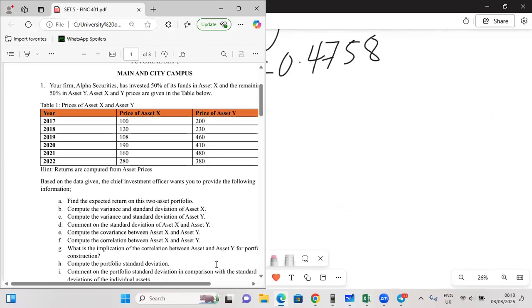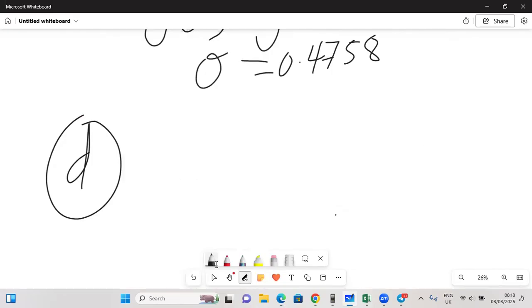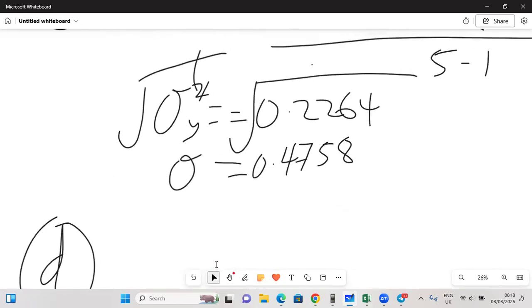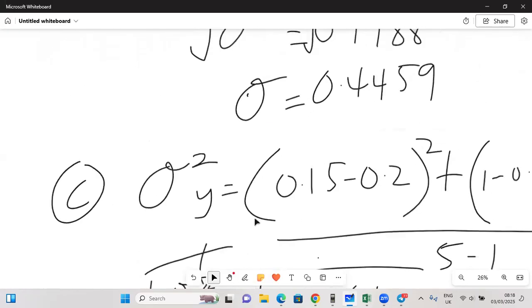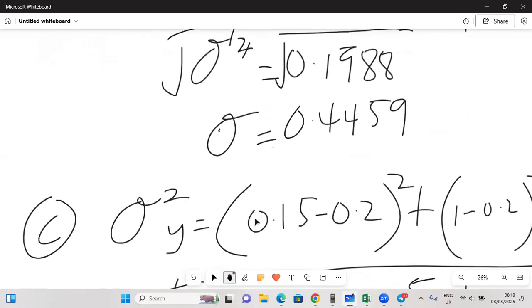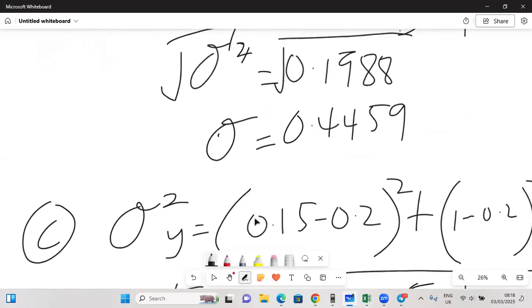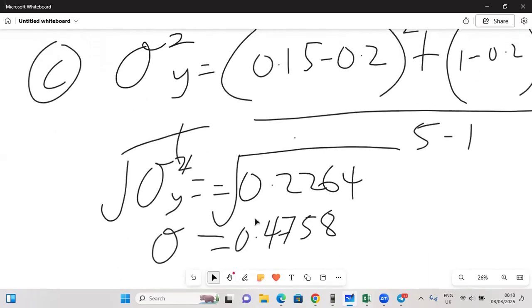B is saying we should comment on the standard deviation of X and the standard deviation of Y. So we comment that standard deviation measures risk, right? And we can see that the standard deviation of X is low as compared to the standard deviation of Y, right?